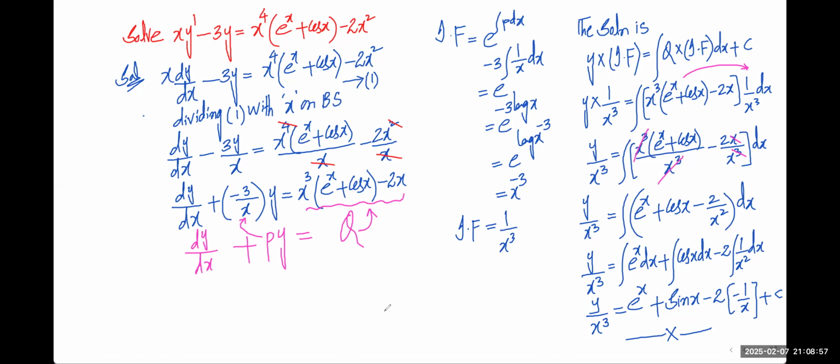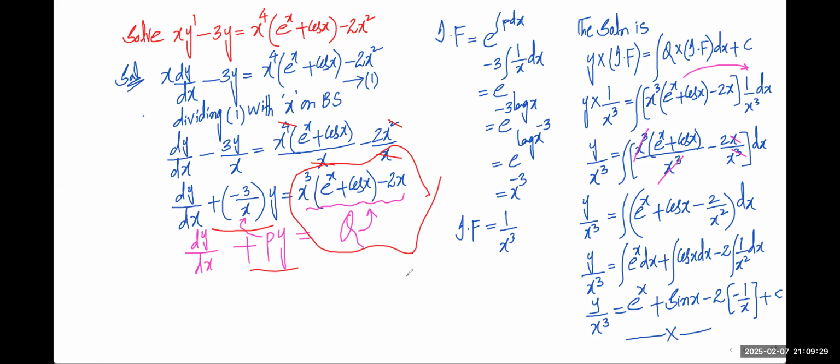And also, sir, x is here in the q term and also in the p term, so how would we know which one is p and which one is q? The coefficient of y is always p. I repeat once again: the coefficient of y.